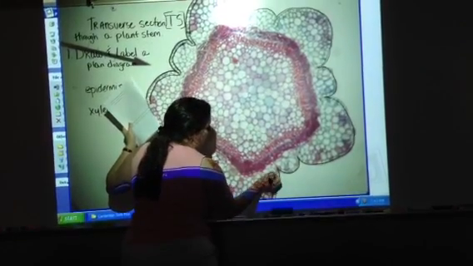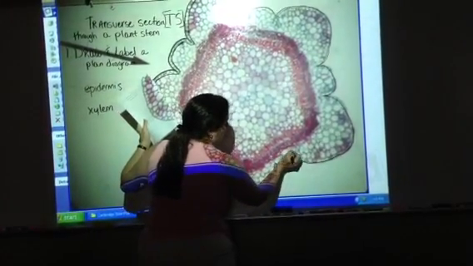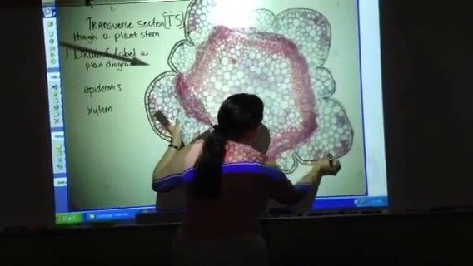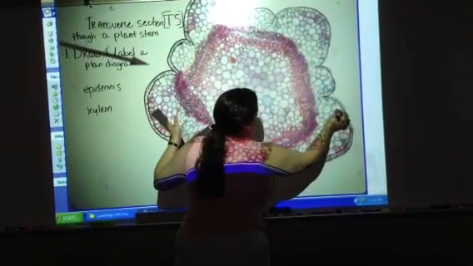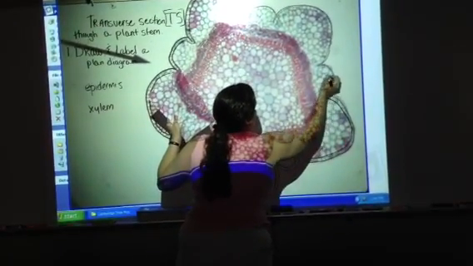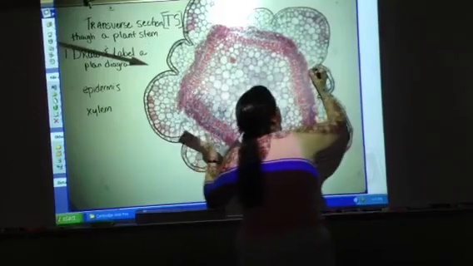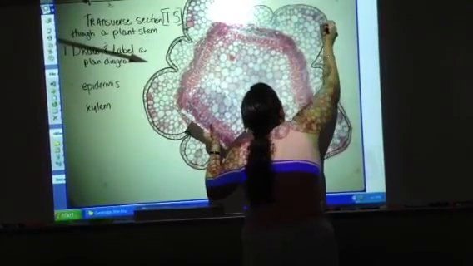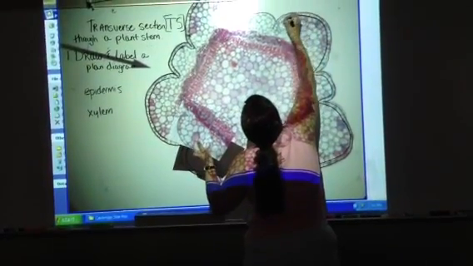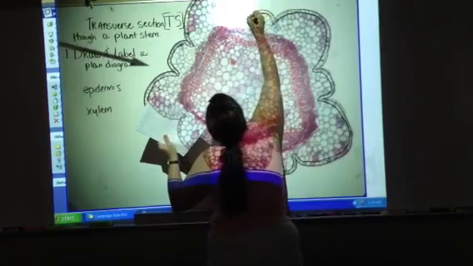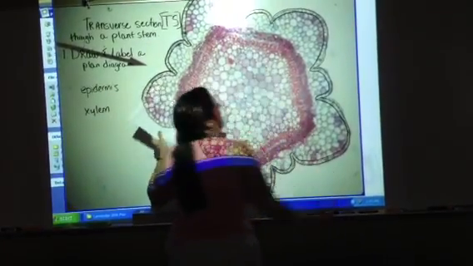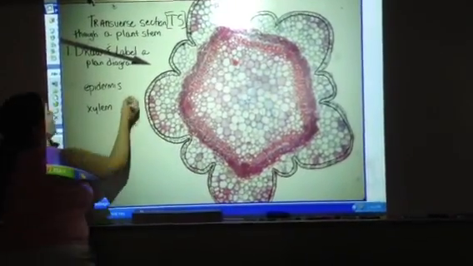Back along to the inner lining of the epidermis. It doesn't have to match right up, but when you're drawing, you want to be pretty consistent in the width of your particular layer. Okay? So there we have the outer epidermis.